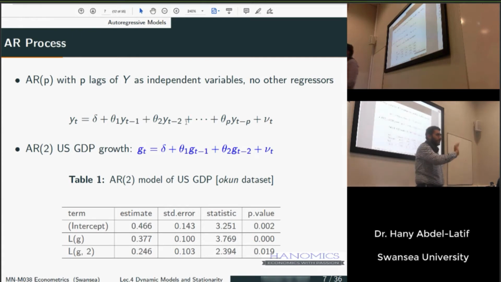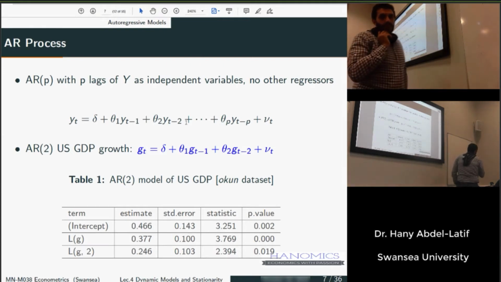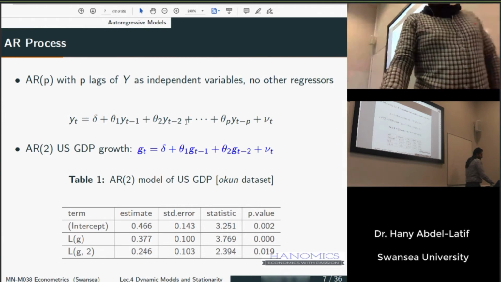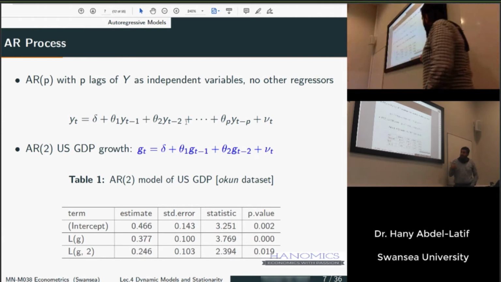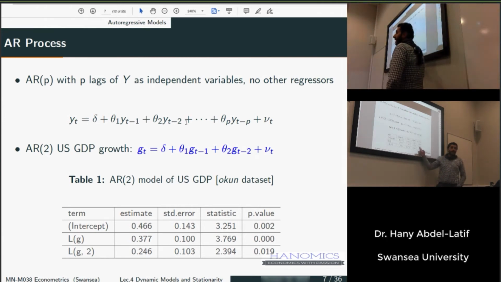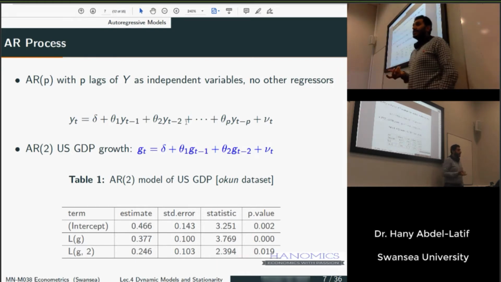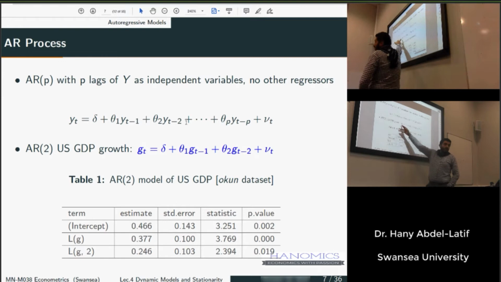Sometimes you see an upward trend or downward trend. I know sometimes the series go up and down, but in two consecutive periods the chances they follow the same trend are much higher. In our case here, it seems important to consider the first lag and the second lag, because both are statistically significant when explaining GDP growth in time t, this quarter.